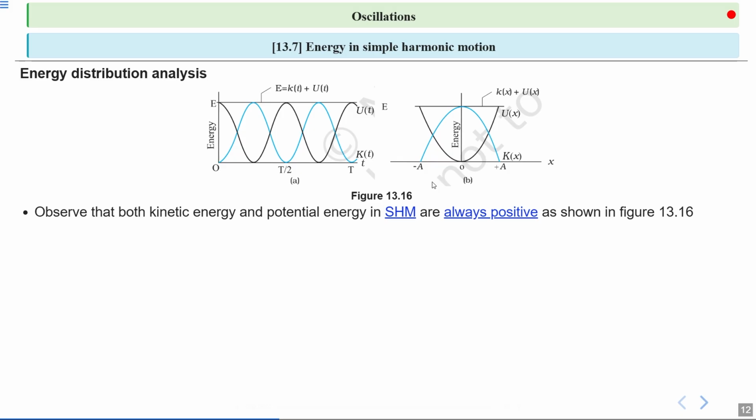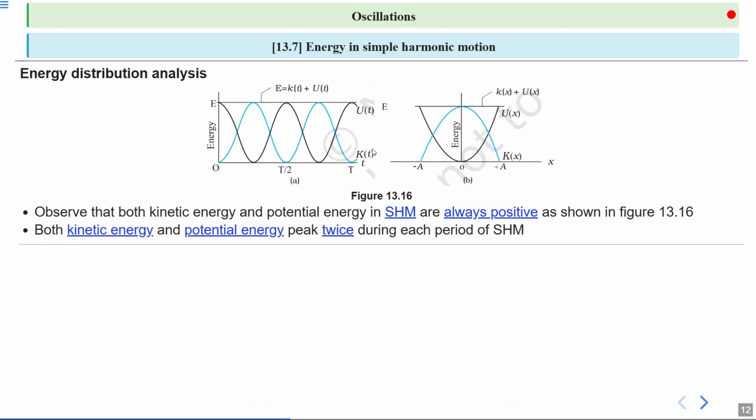Even when the object is momentarily at rest or at its maximum speed, the energies are still positive values. So E is equal to K of t plus U of t, the total energy, and this is the total energy, K of x plus U of x. Both kinetic energy and potential energy peak twice during each period of SHM.